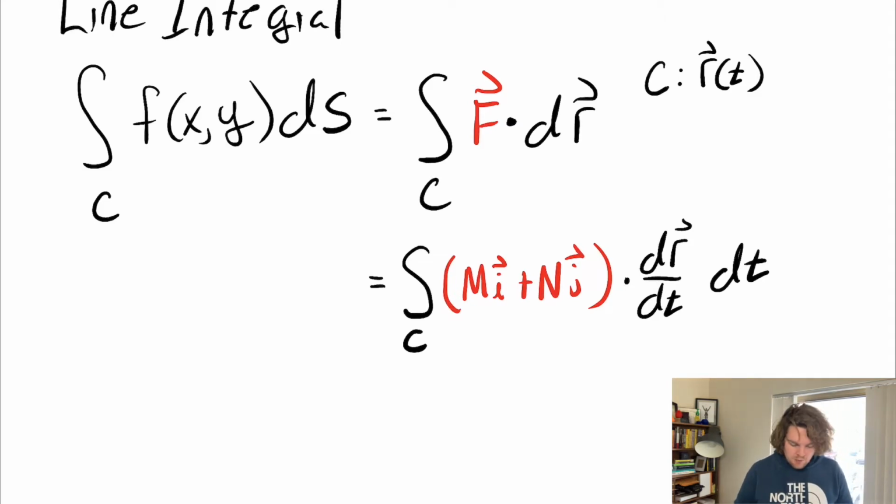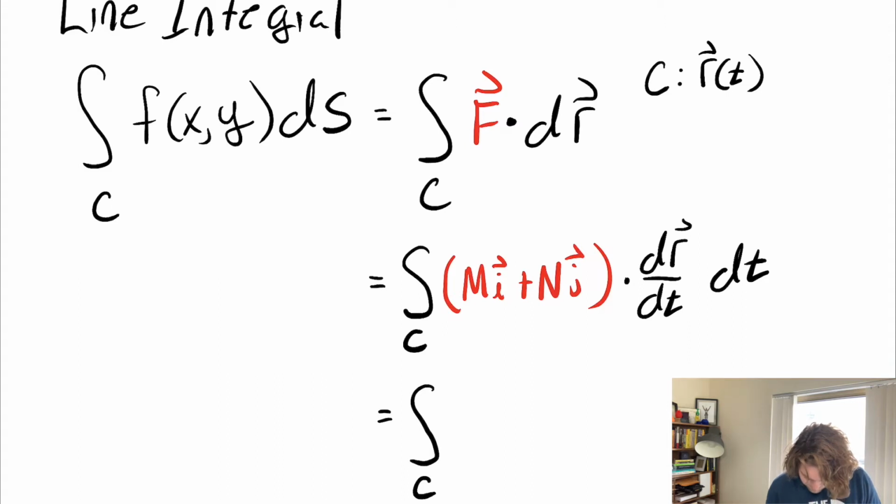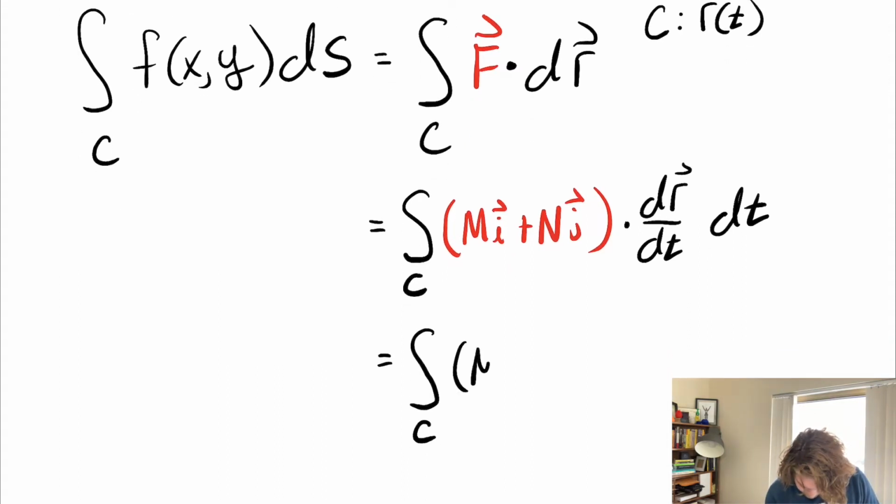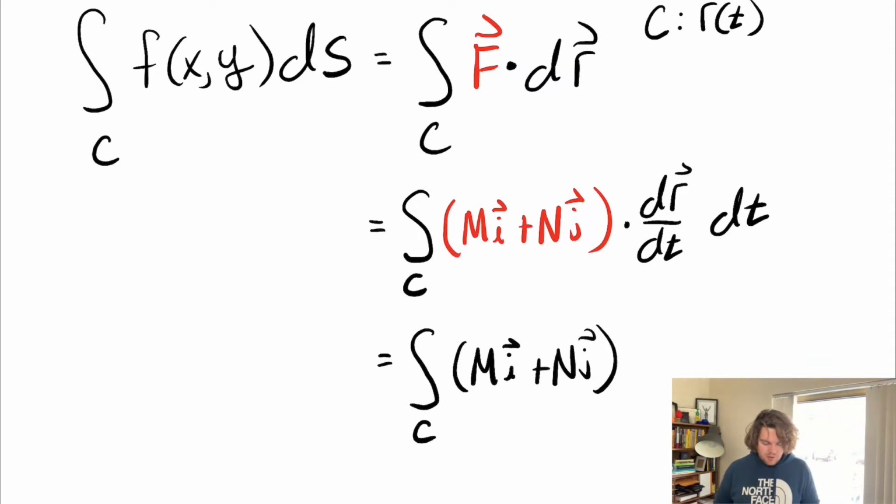So now we have our vector field, given by mi plus nj, multiplied by this dr dt, which is just the derivative of our r of t, which came from our curve. So we could also think about this as the integral over our curve C of mi plus nj dotted with the derivative of r of t.